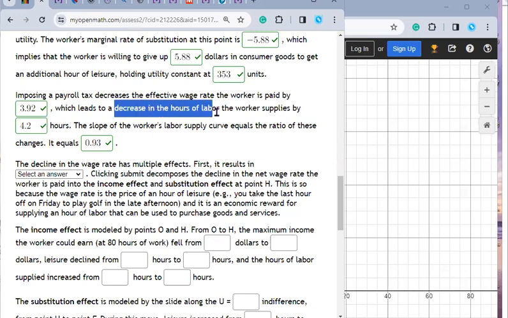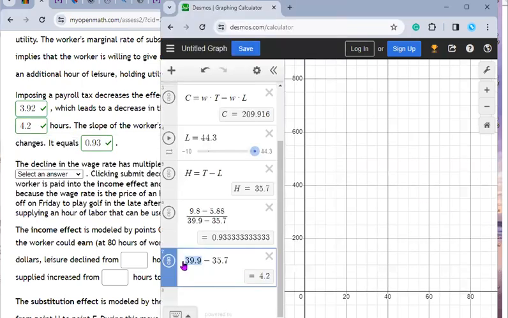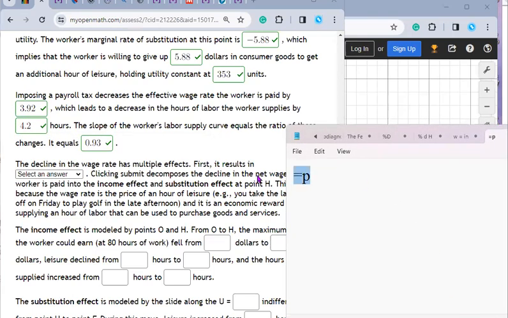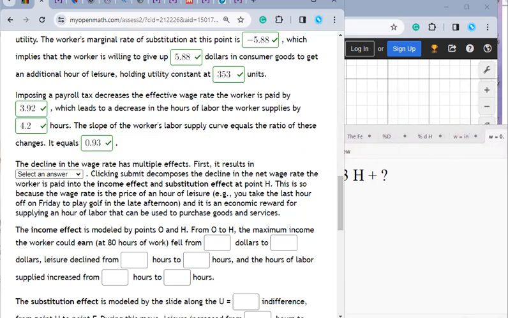There's a decrease in hours of labor supplied by the worker, and that's 4.2 because the worker was supplying 39.9 and now is supplying 35.7. So the labor supply curve looks like this. We got the wage equal to a slope of 0.93 times hours worked plus some intercept. We'll come up with that later. And the labor supply curve is upward sloping.